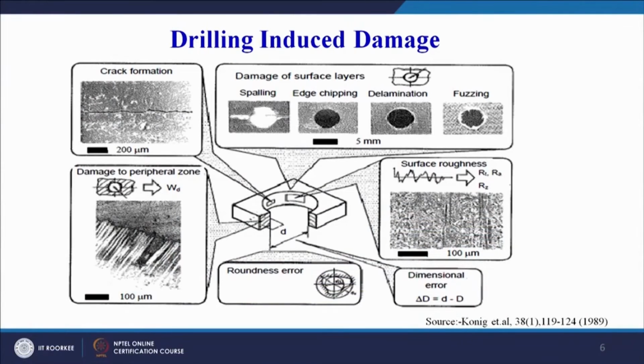If you drill a hole, you will get different types of damage in the composite part. What are those damage forms? I will just read them out. Spalling, edge chipping, delamination, fuzzing, poor surface finish, damage to the peripheral zone, crack formation, roundness error, dimensional error.